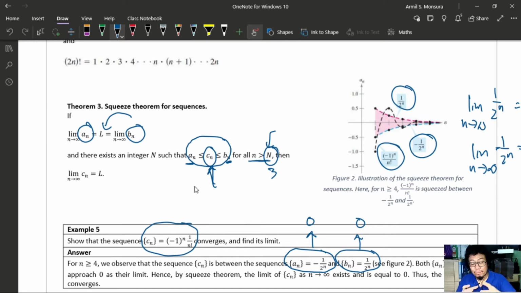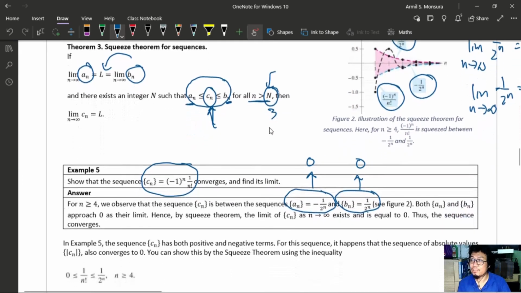Again, theorem 3 does not require that your C is sandwiched between A and B for all n. It requires that it is sandwiched for some positive uppercase N. In this case, that positive uppercase N is actually 3.